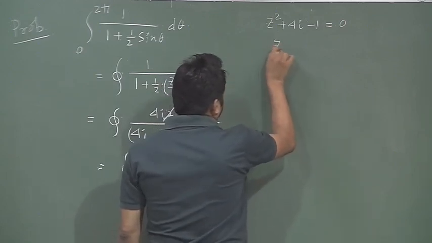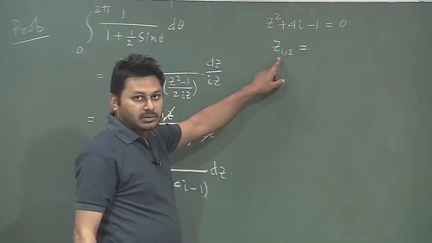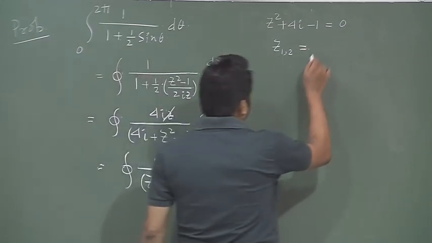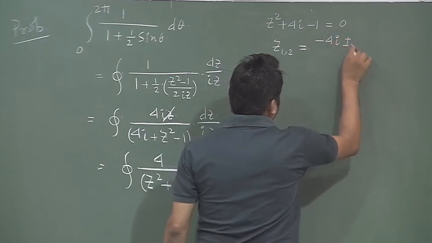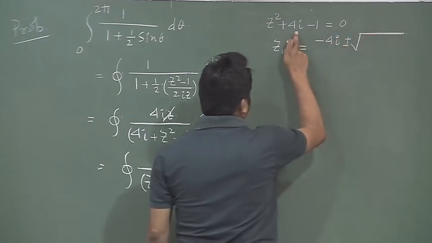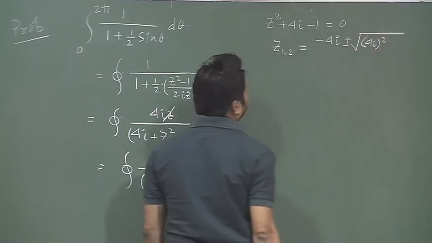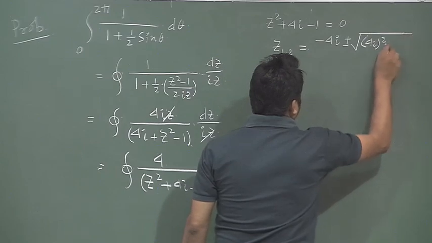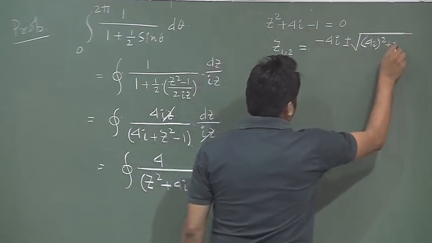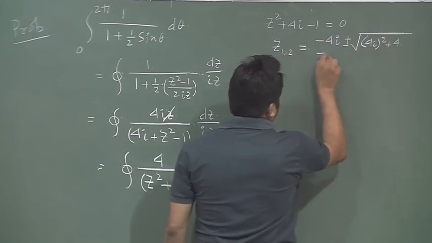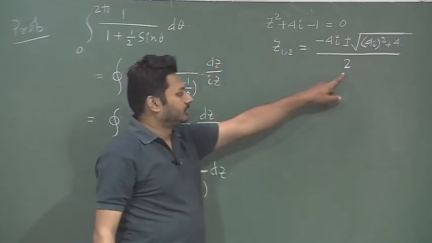So, my z1, z2, the two solutions, will be minus b, so minus 4i, plus minus root over b square, so 4i square, then minus 4ac. So, this is a minus, so we have plus 4, divided by 2 into a, where a is 1. So, just 2.